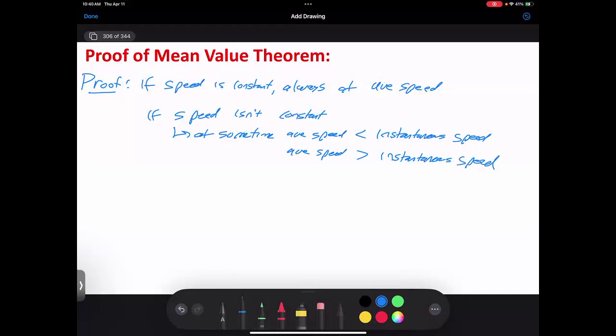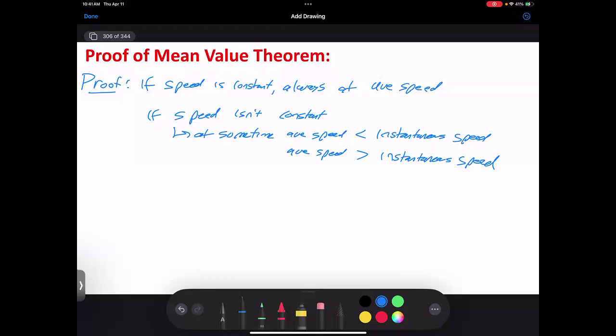So now what do we use? So at some point in time, you're traveling slower than the average speed. At another point in time, you're traveling faster than the average speed. We're assuming the function is differentiable and that the derivative is continuous. What must be true? And what theorem is that by?